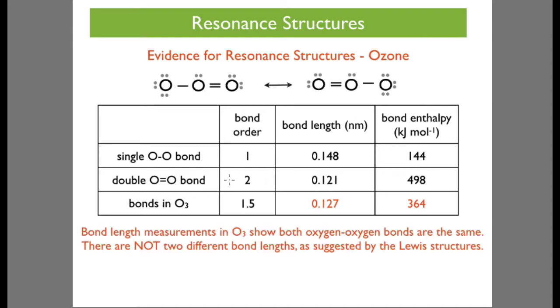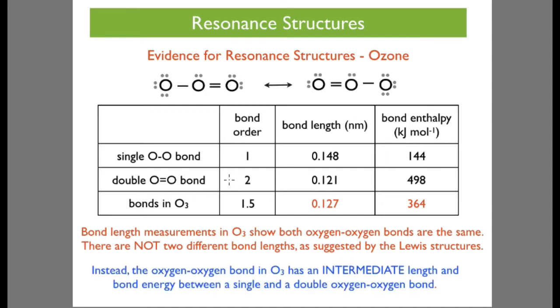Bond length measurements in ozone show both oxygen-oxygen bonds are the same. They are not 2 different bond lengths, as suggested by the Lewis structure. Instead, the oxygen-oxygen bond in ozone has an intermediate length and bond energy. It falls between a single and double oxygen-oxygen bond.